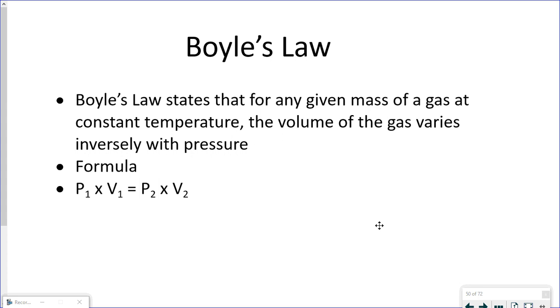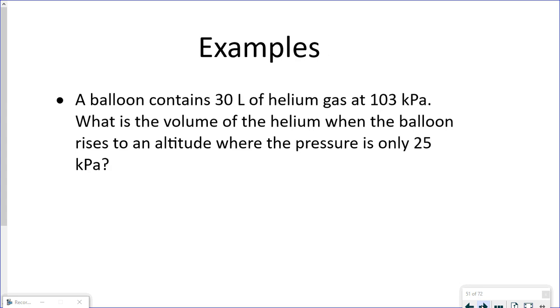So we're going to look at a couple problems just using Boyle's law. I'm going to write Boyle's law up at the top as we're going through the examples. So this was P1 V1 equals P2 times V2.